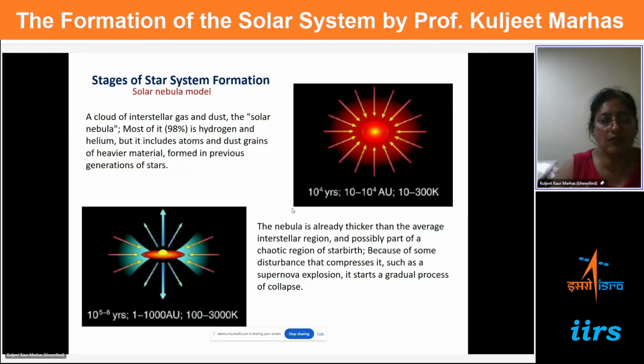But the rest of the material rotating along with the star becomes a flattened disk kind of structure due to the angular momentum, and this rotates along with the star when the star is still in the forming condition. It's called a protostar, yeah, proto sun, you can say.